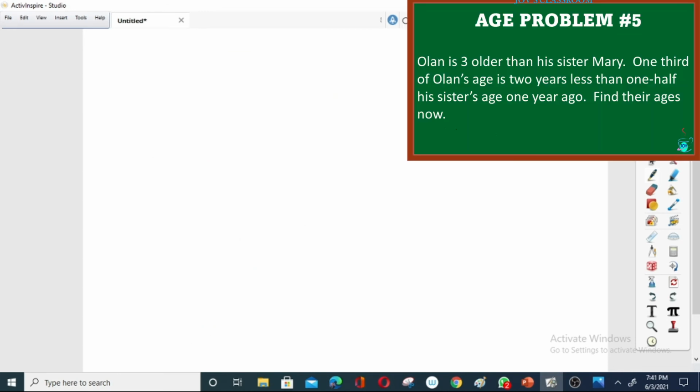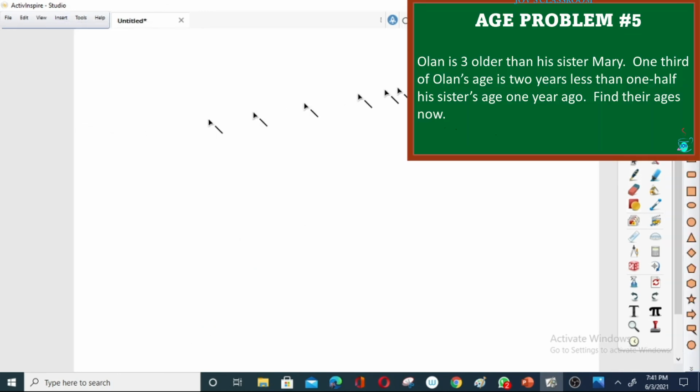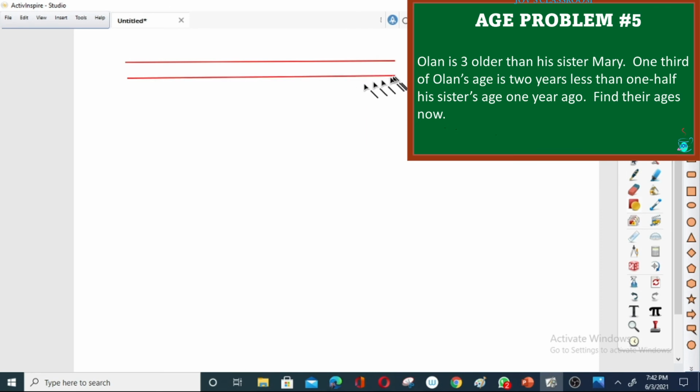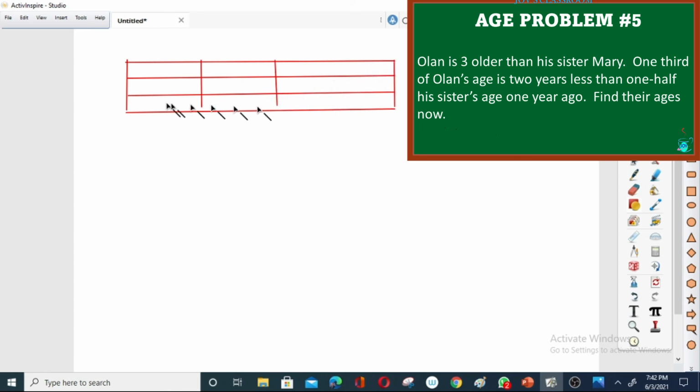So let us try to draw a table. So this is for the name, present age, and past age based on the given problem.